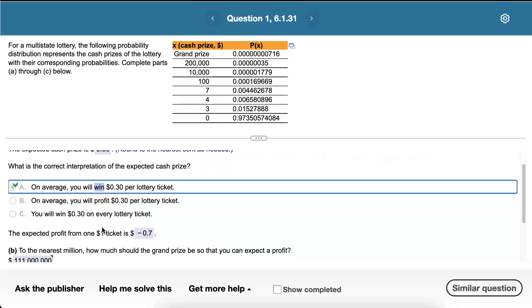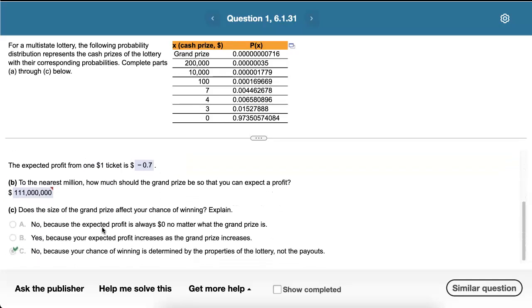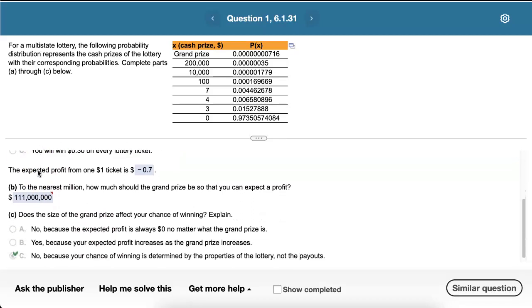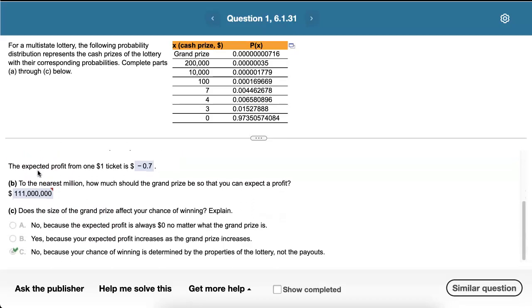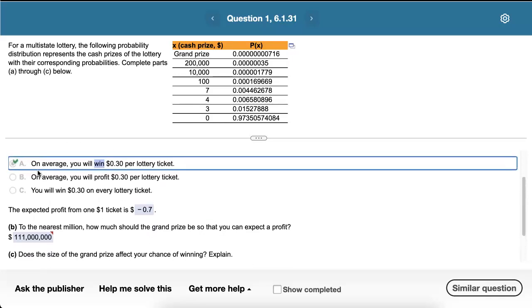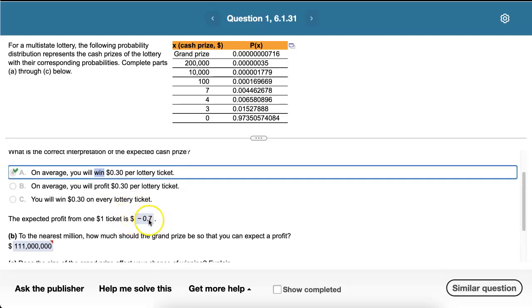Now, when we account for paying some money to play the lottery, and that's what's given here in this next part, let's assume that we have to pay to play, right? We're going to pay $1 per ticket. Now what we have to do is consider that as part of our payout.